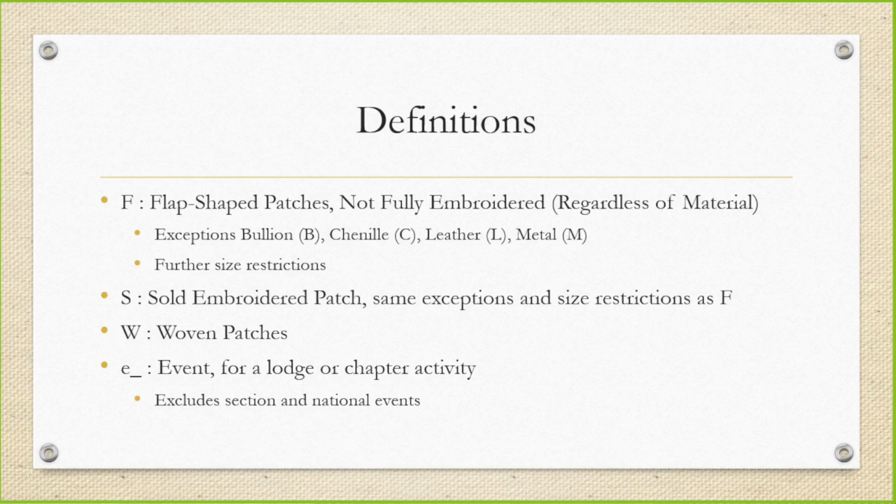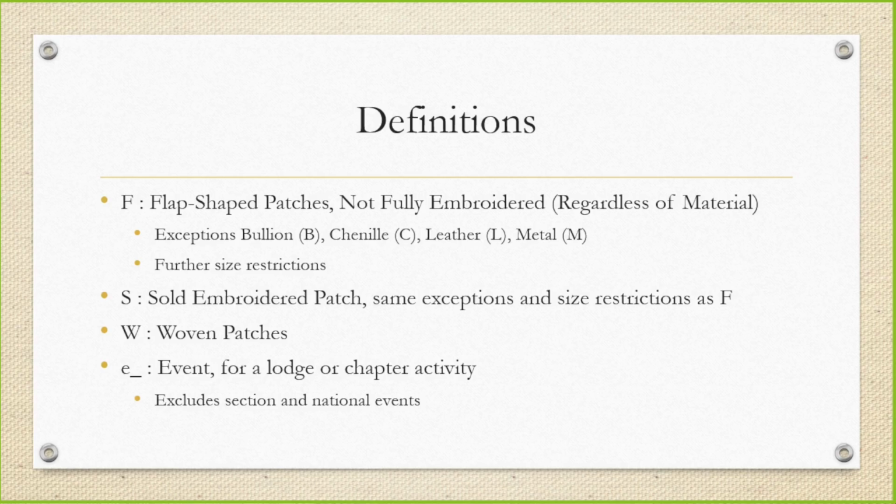And then you have W for wovens, and they were popular at one point, and you really don't see very many wovens anymore. I know 104 did some not too terribly long ago, so the lodges do occasionally still make them, but they are certainly less common than they were at one point.